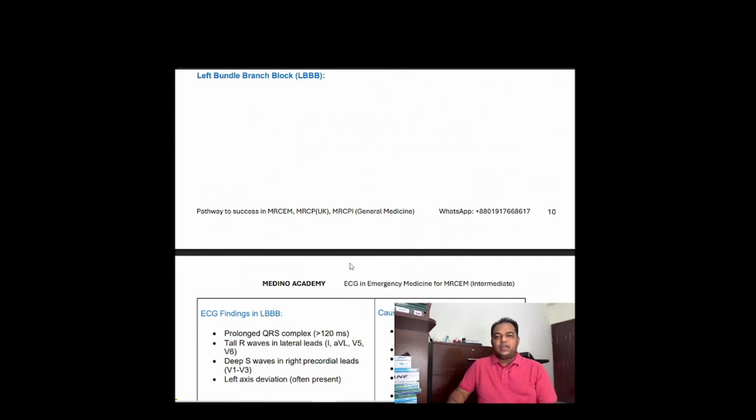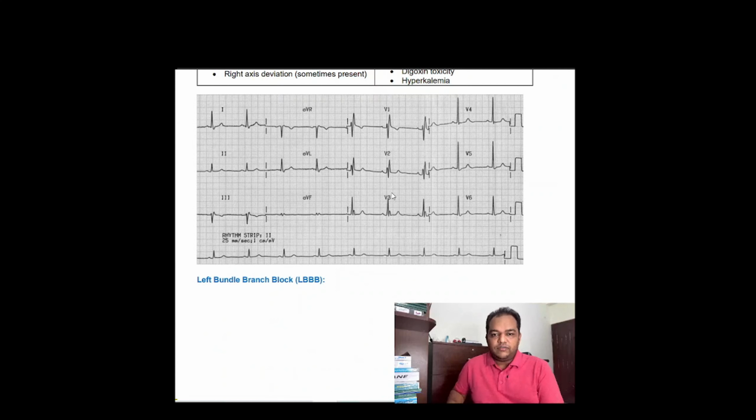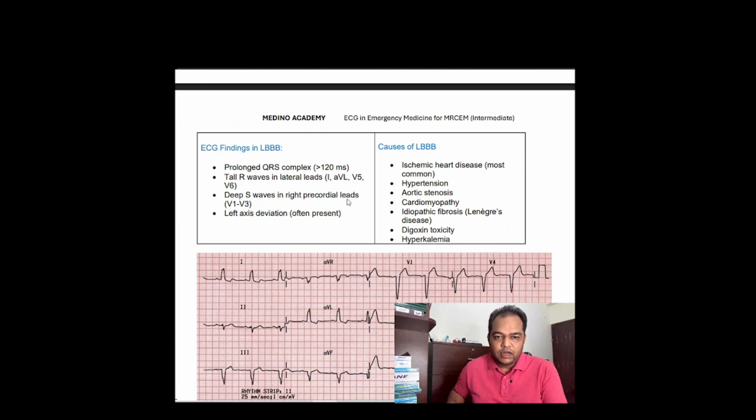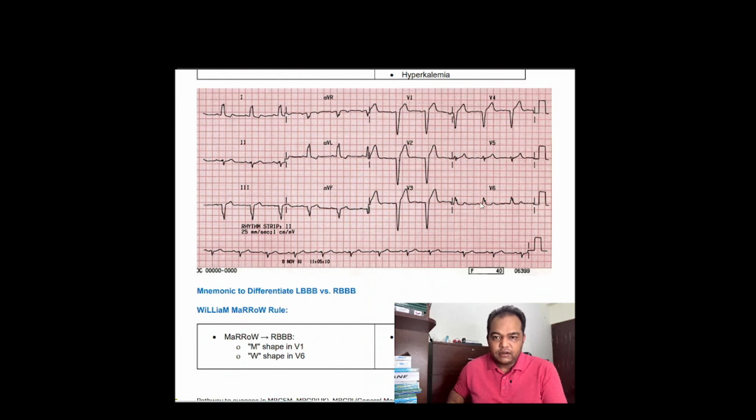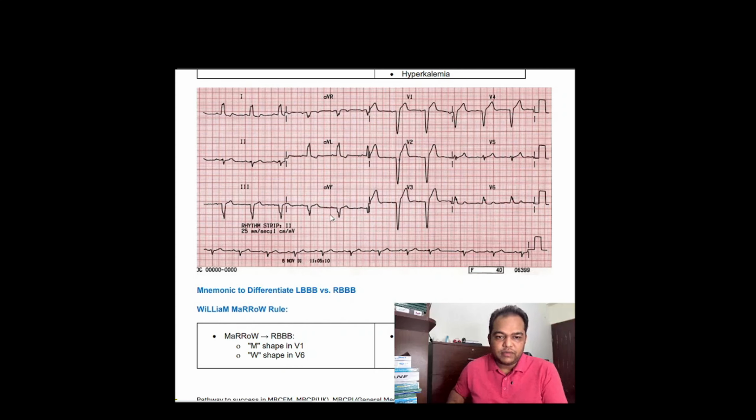We can see the ECG for this one. There is M pattern in V1 and V2. So M pattern in V1 and V2 represents right bundle branch block, and in this ECG we can appreciate M pattern in V6. So it represents left bundle branch block.